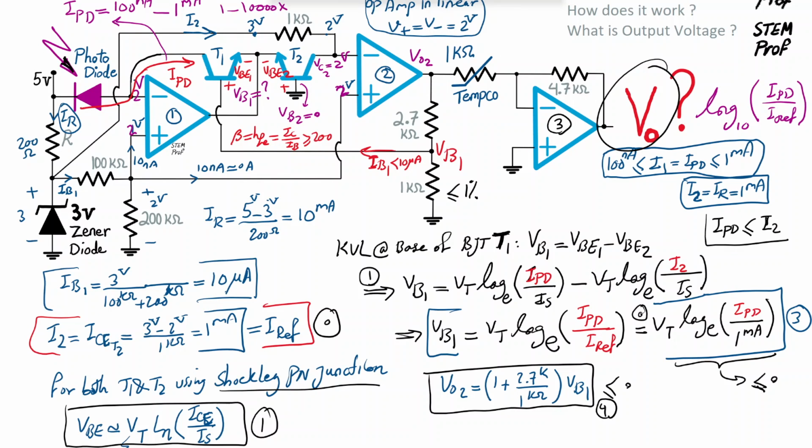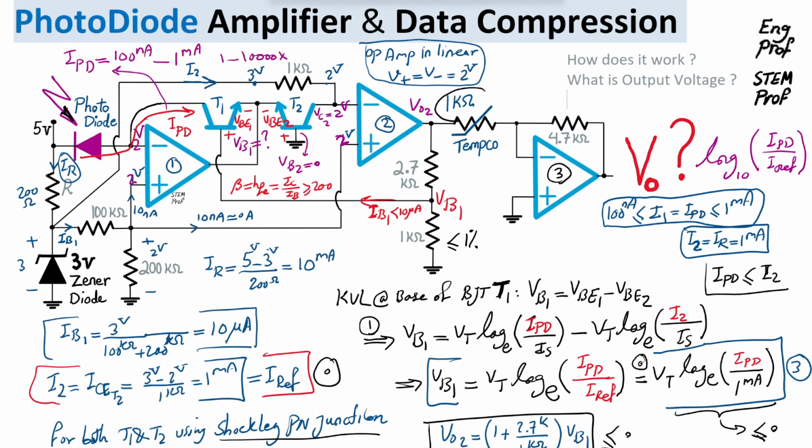of Temco. What I'm going to write is that this 1K here is just the nominal value. The effective value of the Temco is R Temco. It's a temperature compensating resistor with a positive temperature coefficient of 3.5 parts per million.